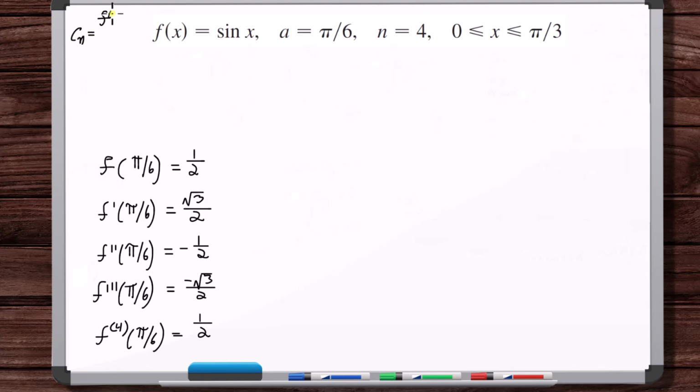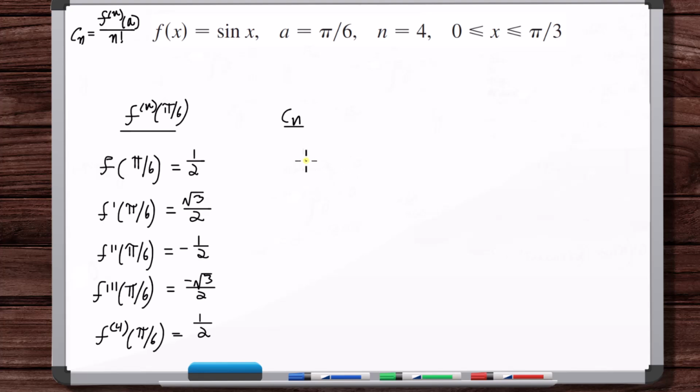It's the nth derivative evaluated at the center point over n factorial. This is the nth derivative evaluated at the center point. That's what this is. So now we want to get the actual c sub n coefficients. We just need to divide these by n factorial.